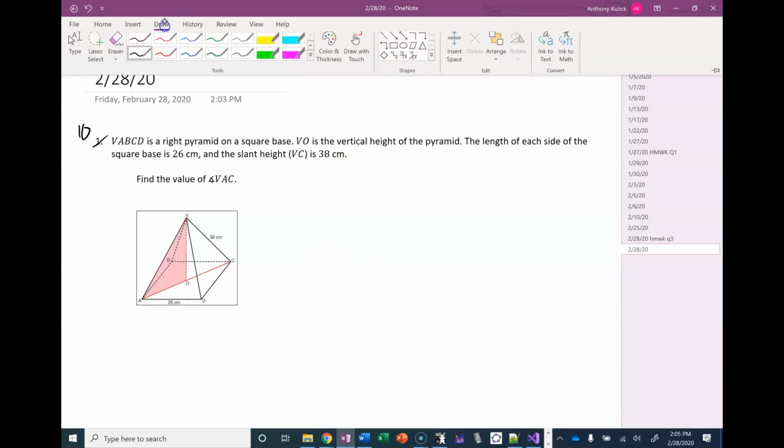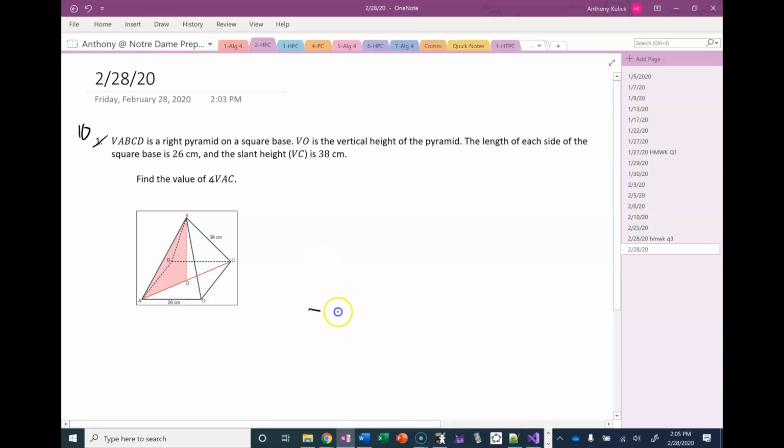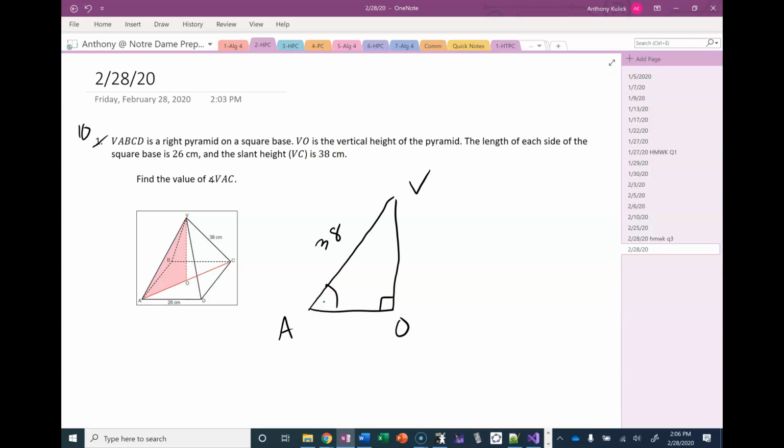So I'm going to start by drawing my calculation triangle. The one I'm going to use is VAO. And I know right away that VC and VA are both slant height, so they're both the same measure. We're interested in this angle here, A. We don't know what VO is, and we don't know what AO is, but AO is just half of the diagonal.